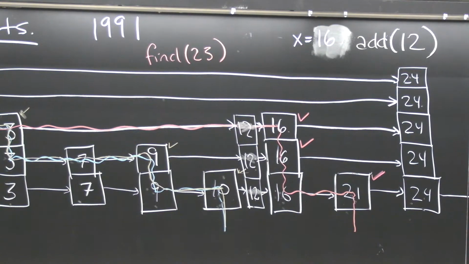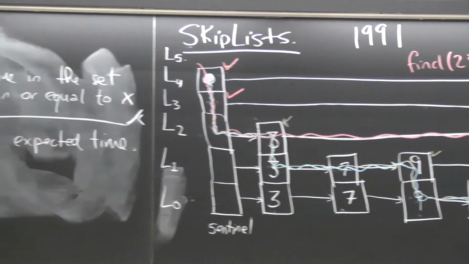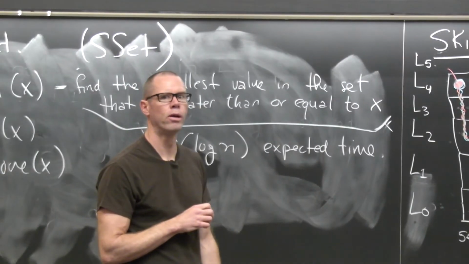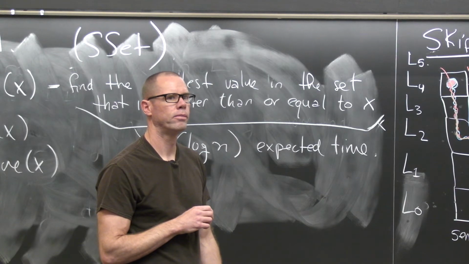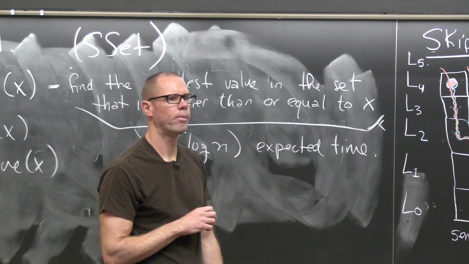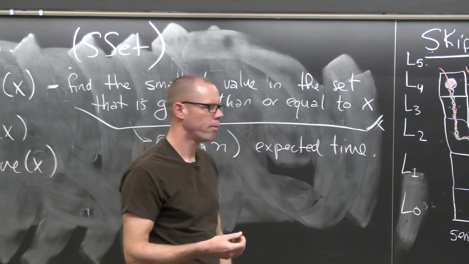Anything stand out about those in terms of the search path for 24? Yep. Where it went down? It's exactly the places where the search path went down.